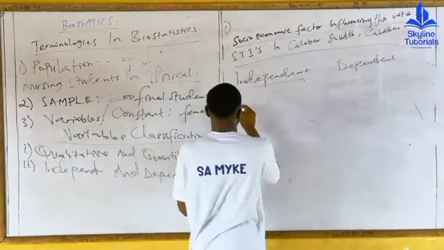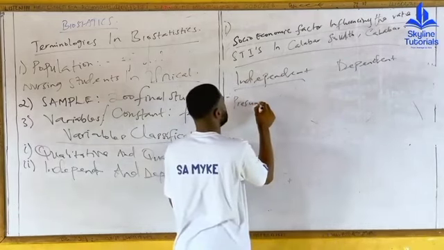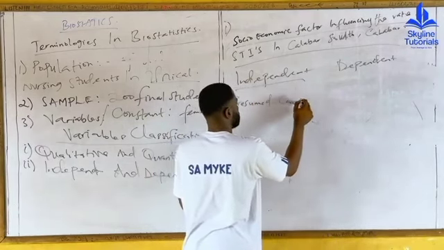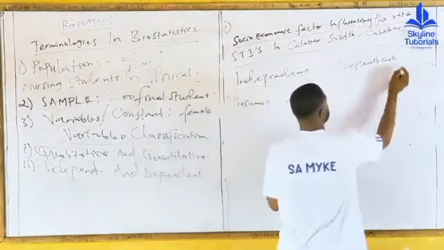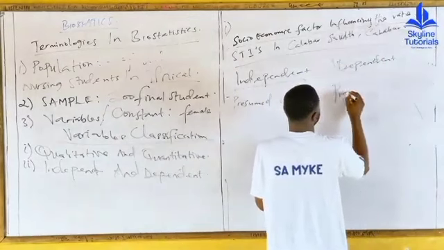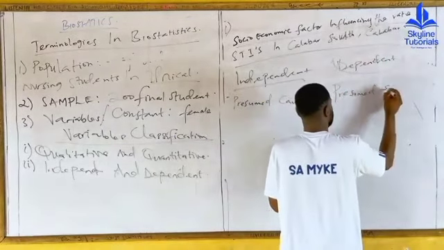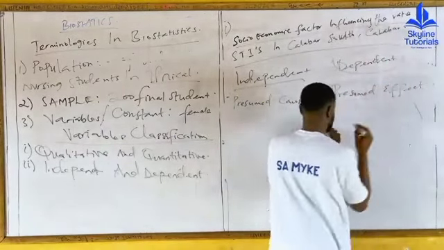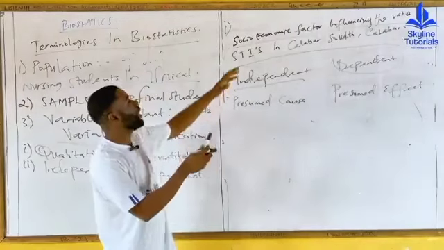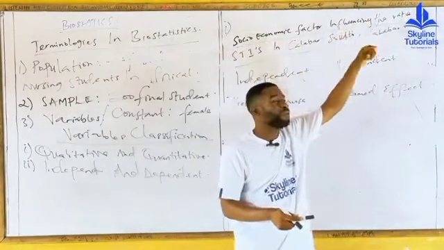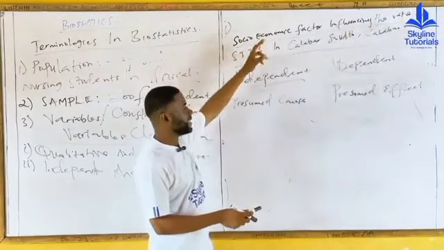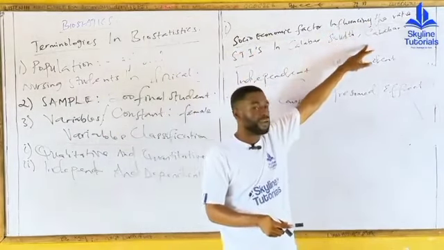This is referred to as the presumed cause. And then the dependent is referred to as the presumed effect. So, what does socioeconomic factor have to do in the influencing of STIs in Calabar South, Calabar?